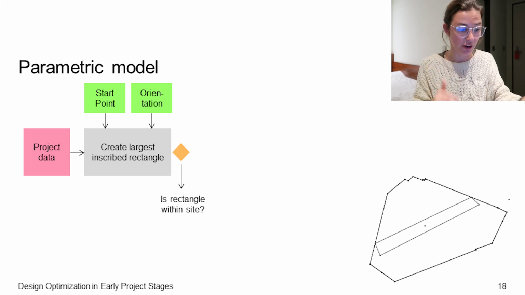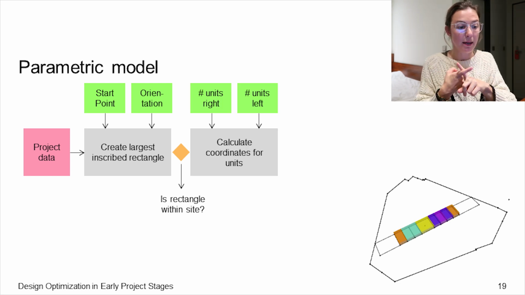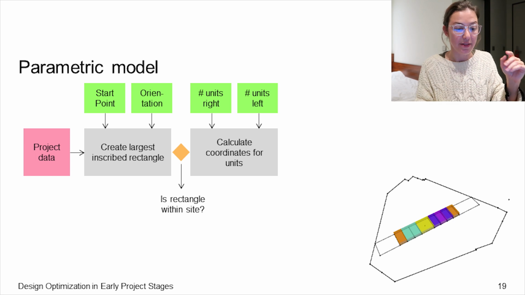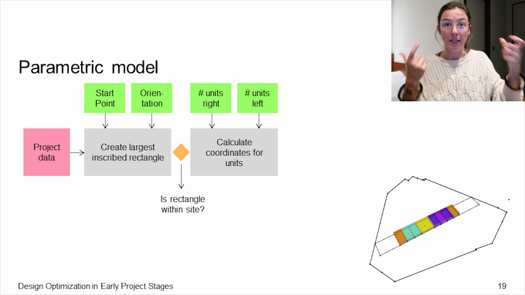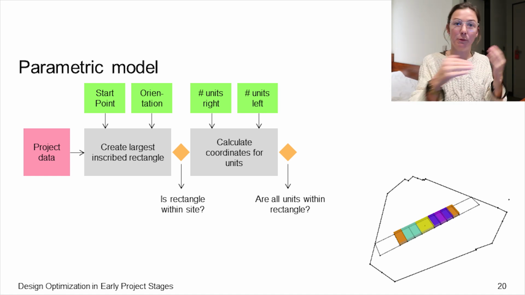Now we check, is the rectangle fully within the site? And then we have two more variables, the number of units left and right, that we add onto the core. And then of course the last units on each side get turned into seam units. Now we can check, are all the units within the rectangle, and therefore within the site.